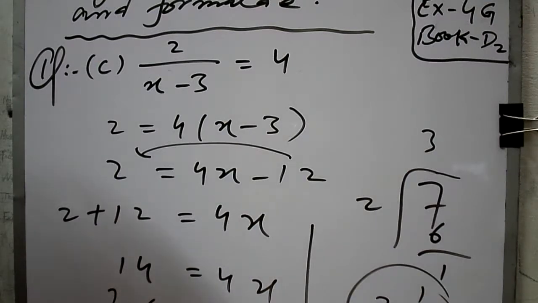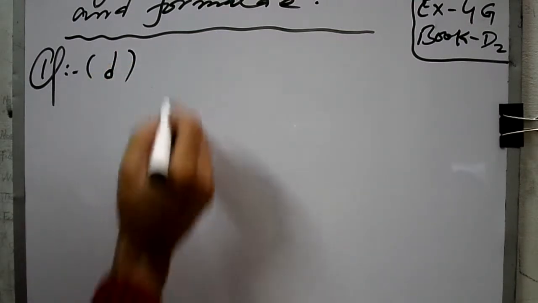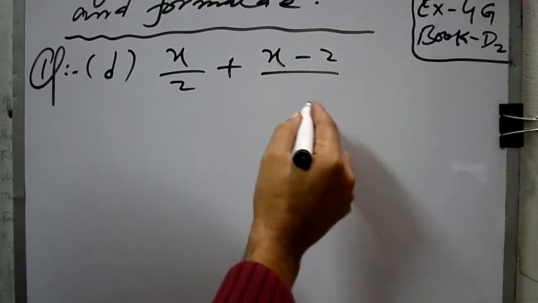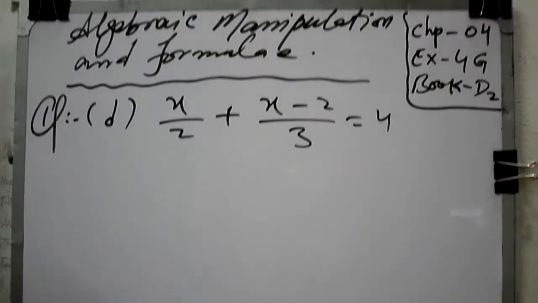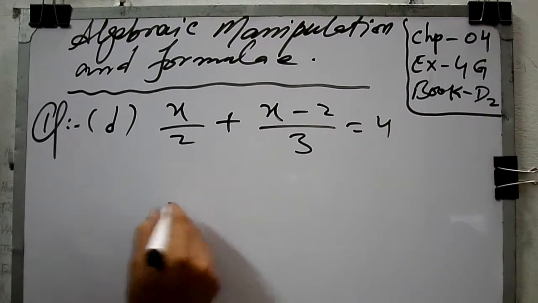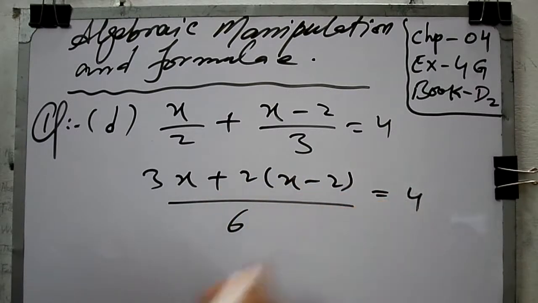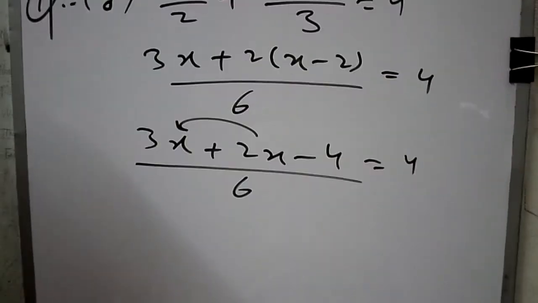Now coming to the D part. x by 2 plus x minus 2 by 3 is equal to 4. So taking LCM, similar terms will be added.